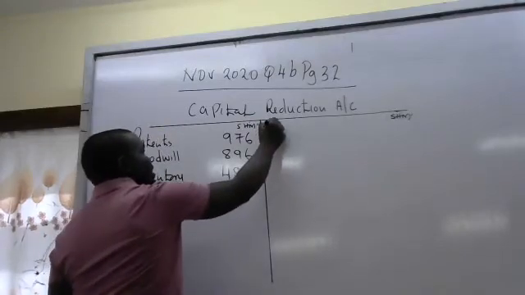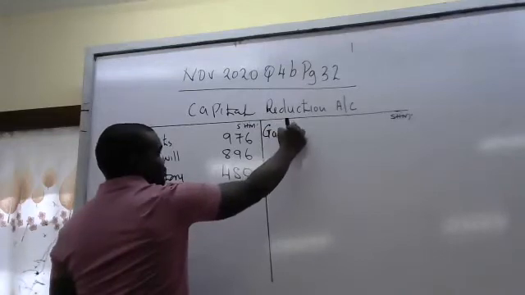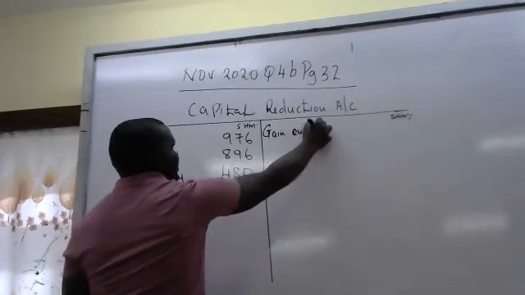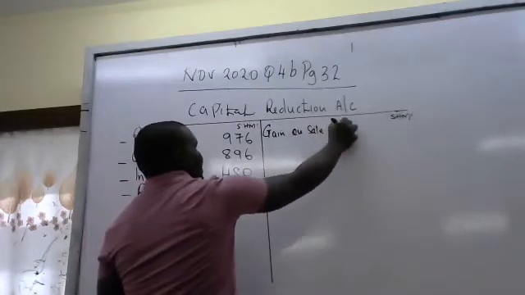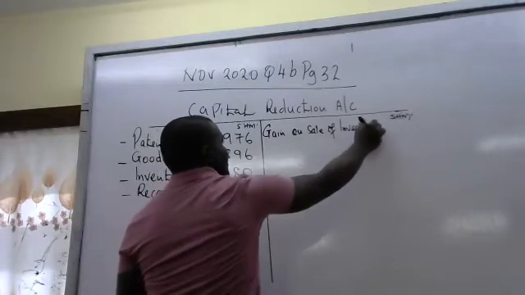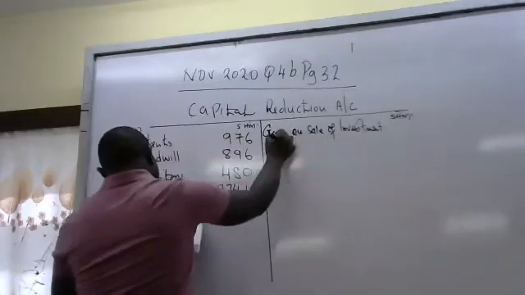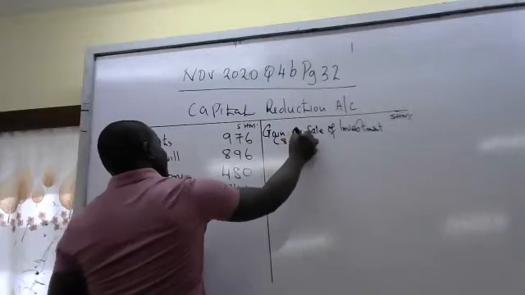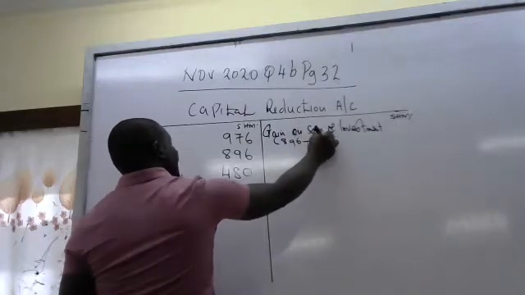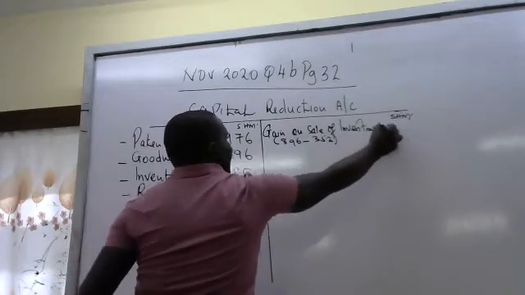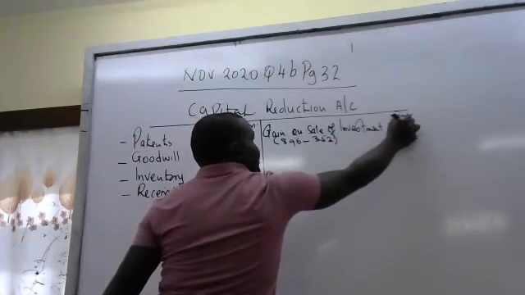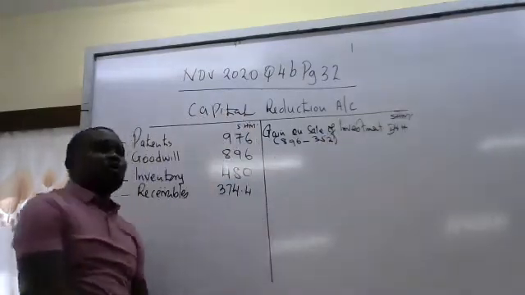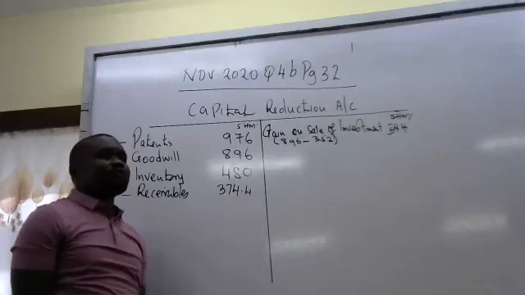So you come here and say gain on sale of investment, that is 896 minus the book value, which was 352. So we gain 544.